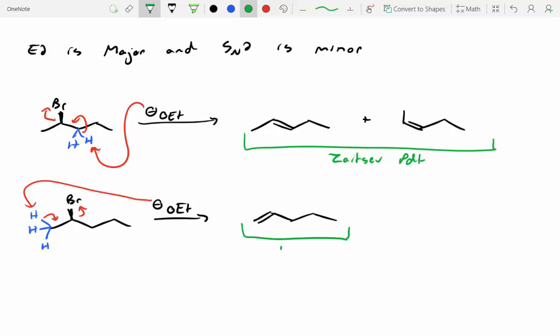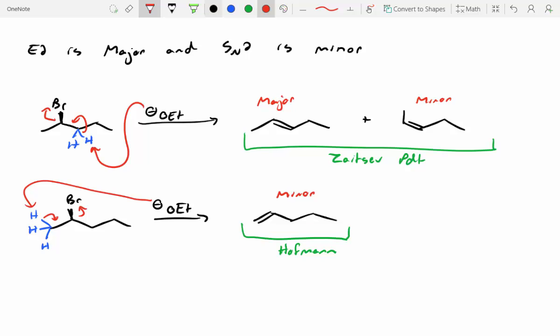This will be our Hoffman product. Which of these three do you think is going to be the most major of our major products? Trans-Zaitsev. Yeah, the trans-Zaitsev. We know that the Zaitsev product for small bases is going to be favored, and we know that trans is more stable than cis. So this will be our major, and these will be our minor, and then this will be our minor.